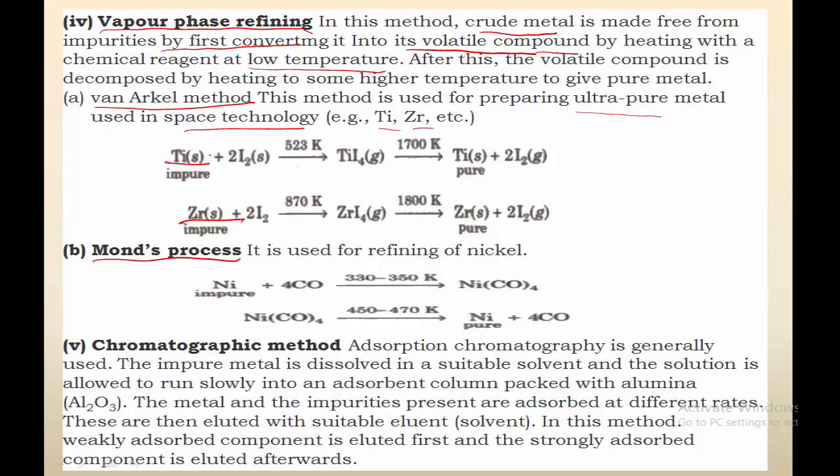The next one is Mond's process. It also involves vapor phase refining, and nickel can be purified by Mond's process. Then the next one is the chromatographic method. It mainly works on adsorption chromatography. The adsorption process is involved, and by using the chromatographic method we can also obtain the pure metal.